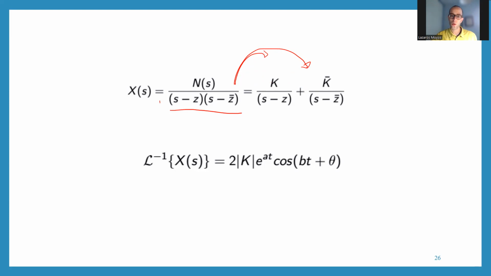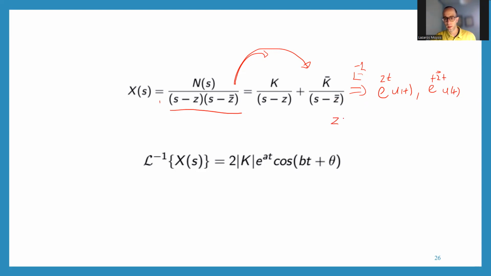So then what are we going to do? If we do an inverse Laplace transform, which is absolutely correct, we end up with terms like z e^(pt) plus z bar e^(p bar t).